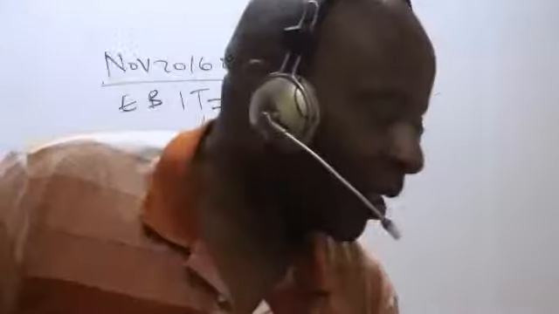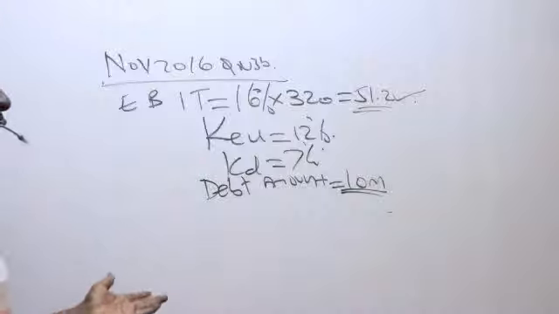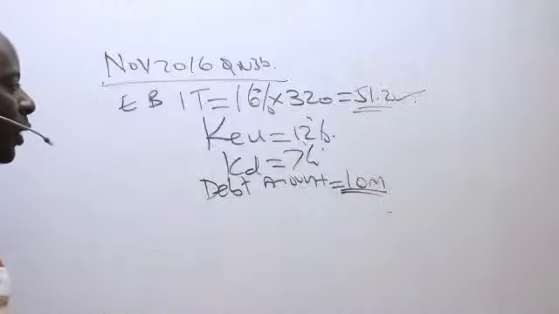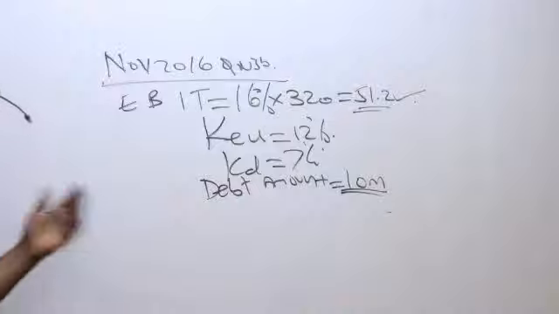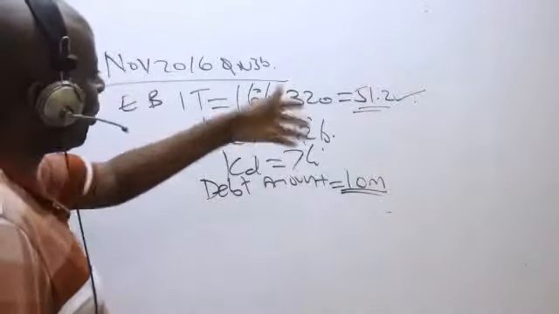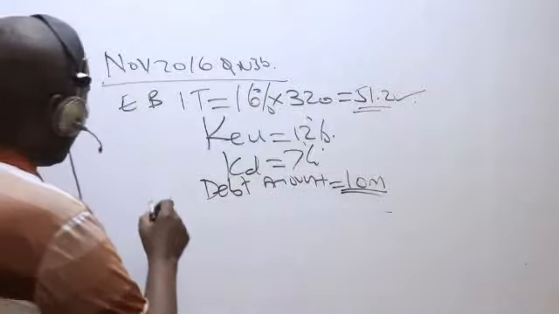This is very straightforward. They want you to get the value of the unlevered firm. I know the formula is the same. EBIT will be constant, it's my cash flow, and I want to discount it.